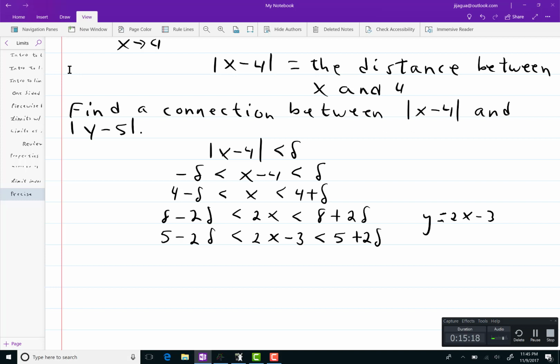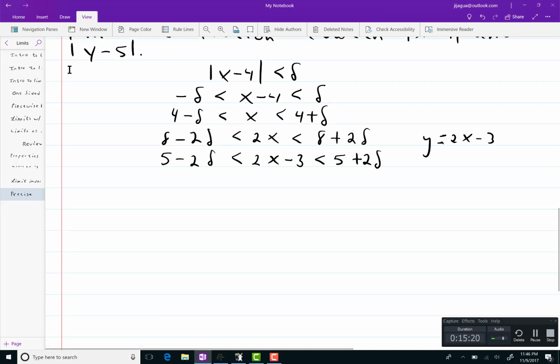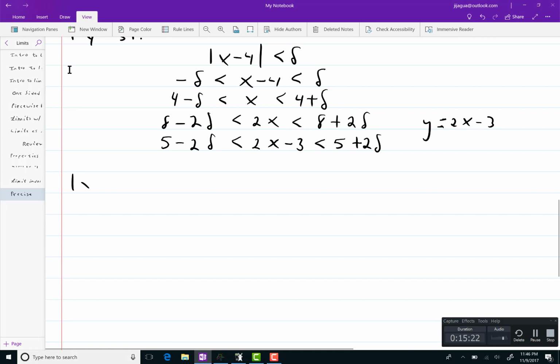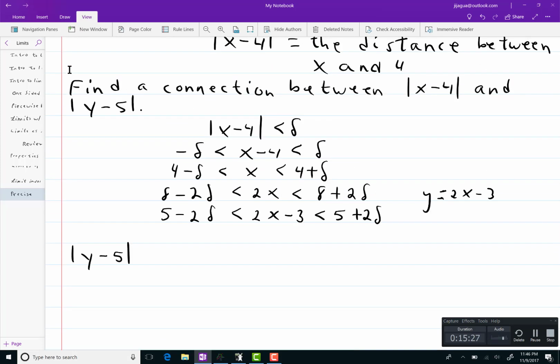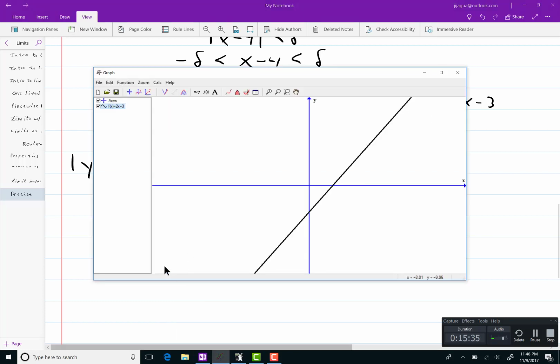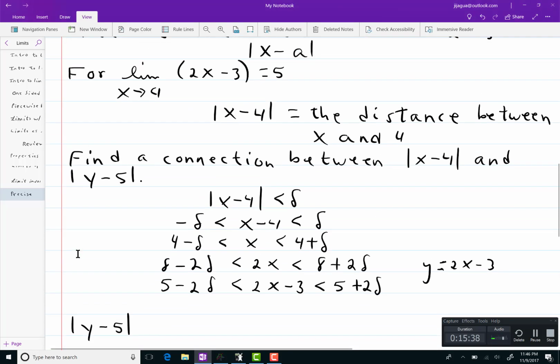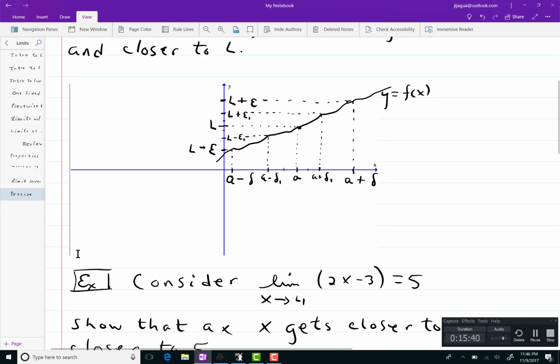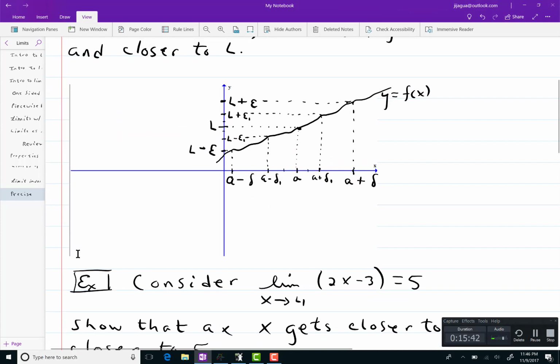Now what I was supposed to get was y minus 5. If you look back to the graph, x was allowed to move between negative delta and delta, and y is allowed to move between L plus and minus epsilon.